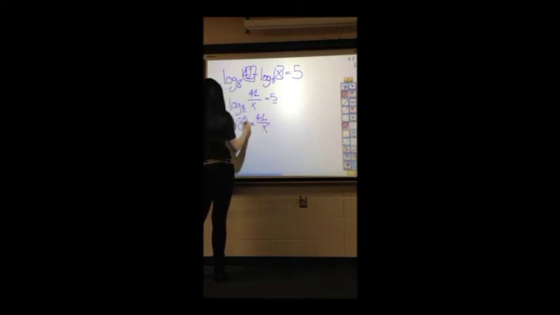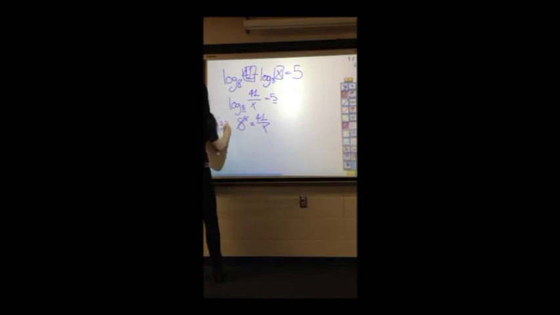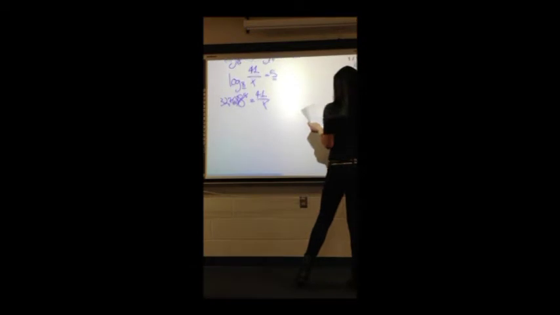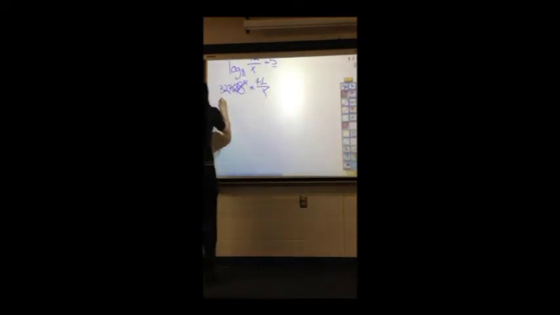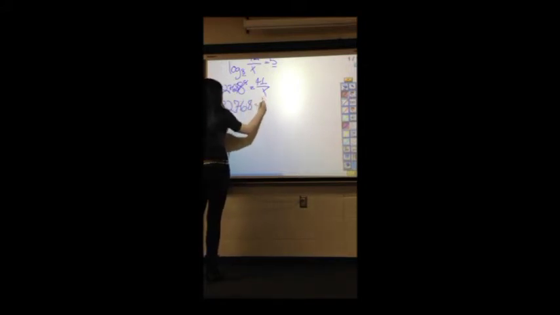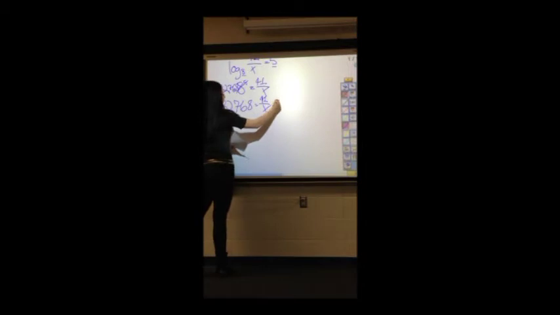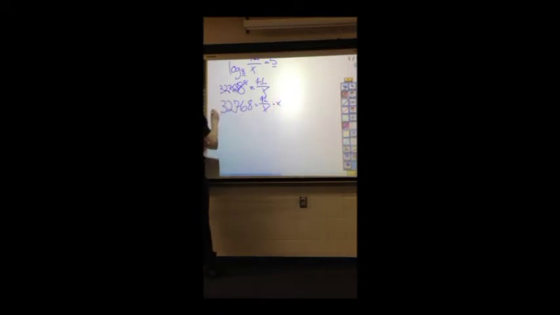And 8 to the 5th is 32,768. So then you're going to solve algebraically and multiply by x on both sides to get x off of the denominator.